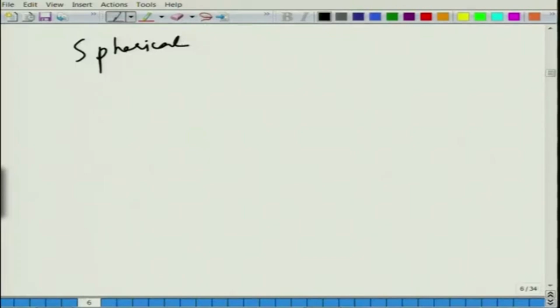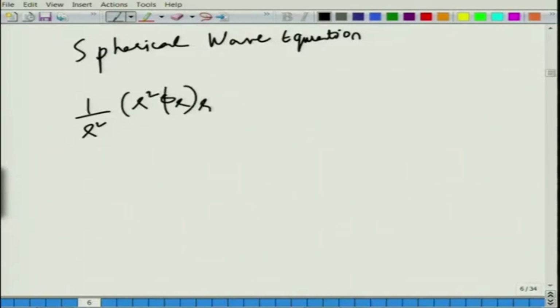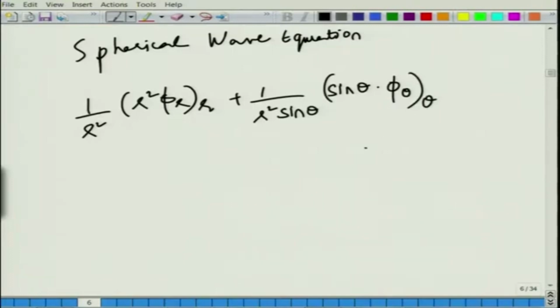Spherical wave equation, or basically wave equation in spherical coordinates. That is then 1 by r square d by dr of r square times phi r, plus 1 by r square sin theta d by d theta of sin theta times phi theta, minus phi tt by c naught square is equal to 0, of course, where phi can be any function.